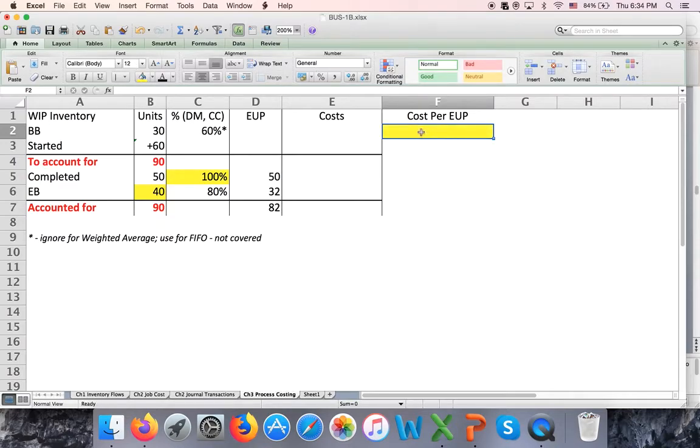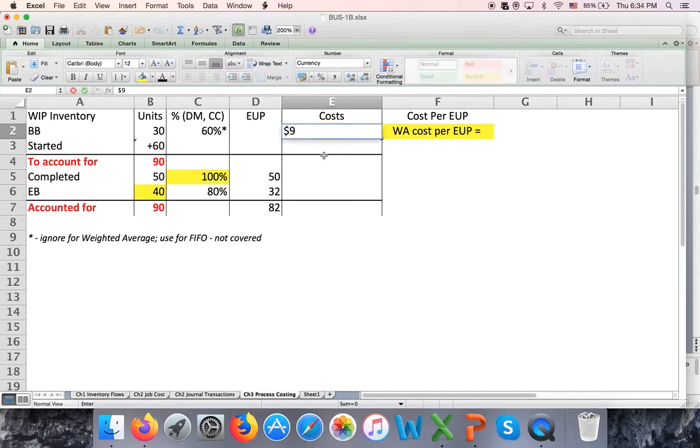So to calculate cost per equivalent unit of production, or what is the weighted average cost per EUP, we need to take total production costs and divide it by this total EUP. So the problem also has to give you cost information, and I'm making it up, right? So let's say my beginning balance was $92.